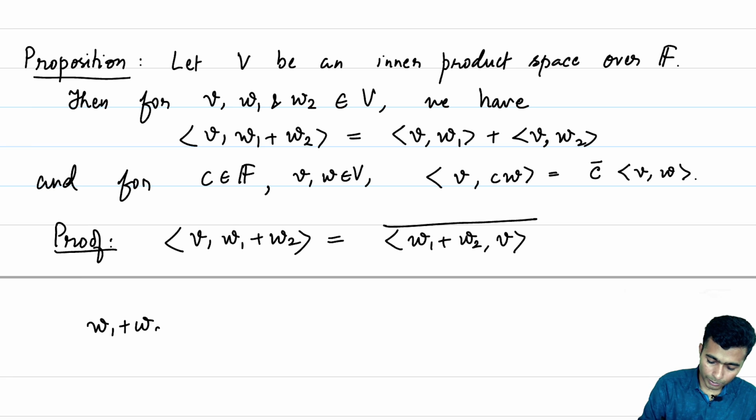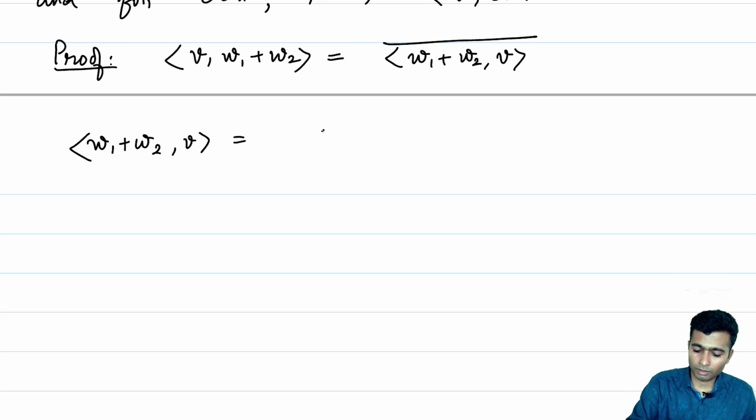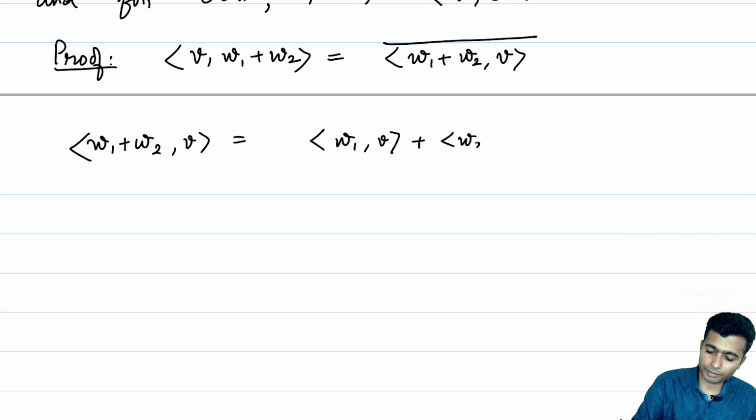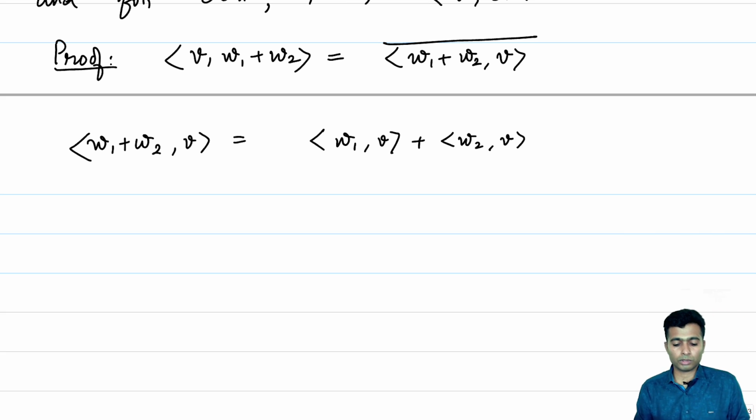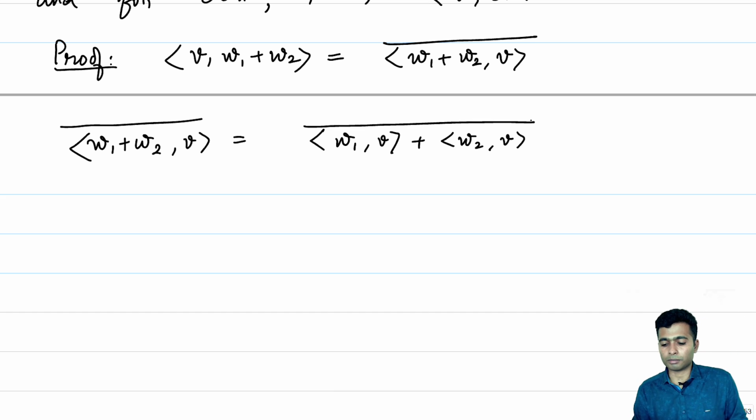W1 plus W2 comma V. This is nothing but W1 comma V plus W2 comma V. So, what is the conjugate? The conjugate will be the conjugate of the sum, but you should check that the conjugate of the sum of two complex numbers is equal to the conjugates added up.